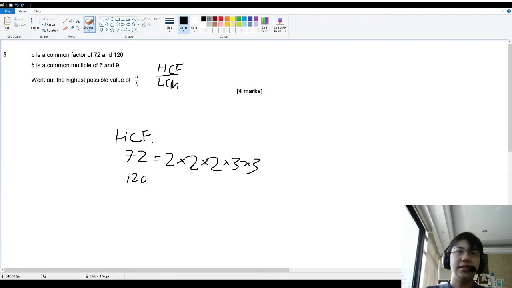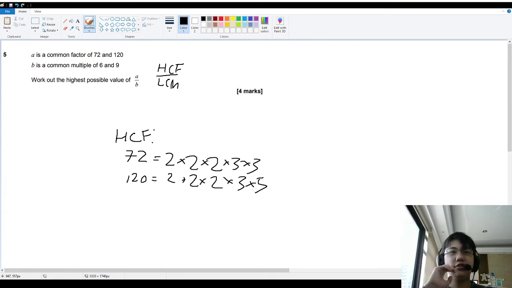While 120 is equal to 2 times 2 times 2 times 3 times 5. Once again, you could use your calculator to try to divide these numbers by prime factors, or you can use your mathematical knowledge to break down larger factors of these numbers into their prime factors.